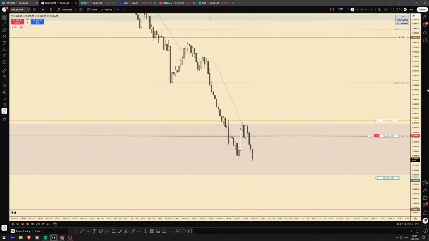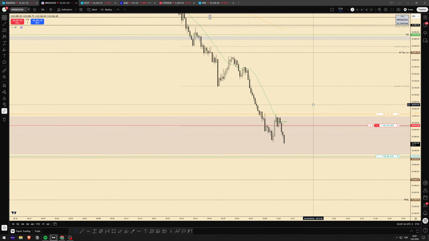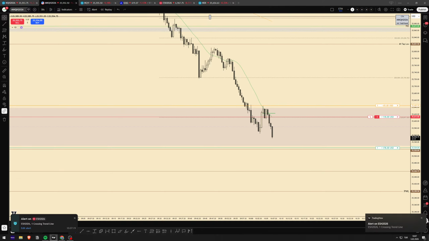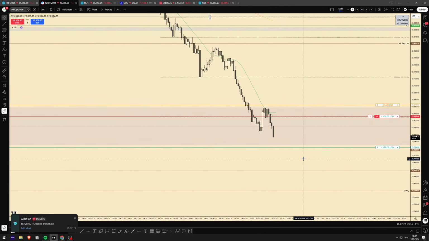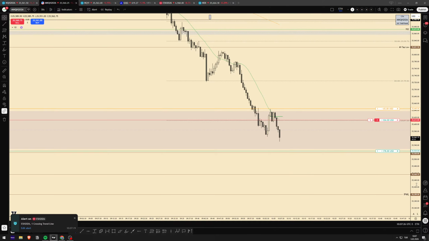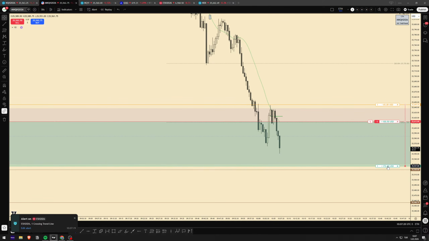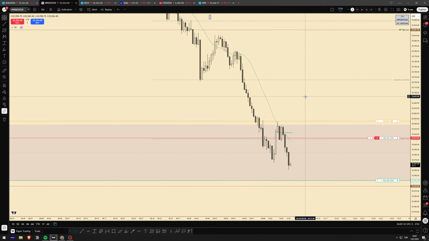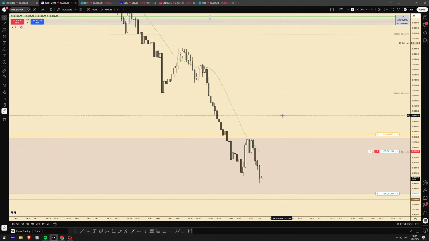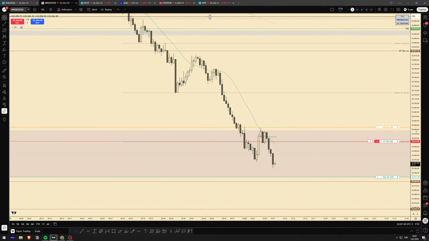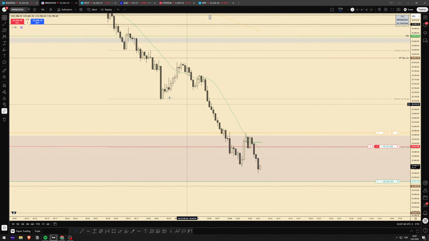I had no bias. I didn't know where it would go. I just followed the order flow, tried to understand what it is doing, and I just followed the price. I am not impulsively clicking just because the price is leaving a candlestick to a certain level.